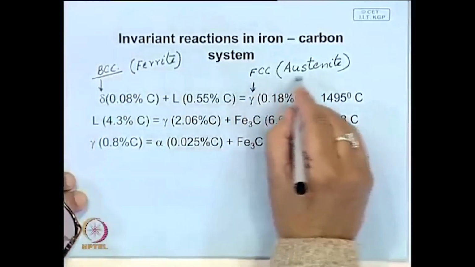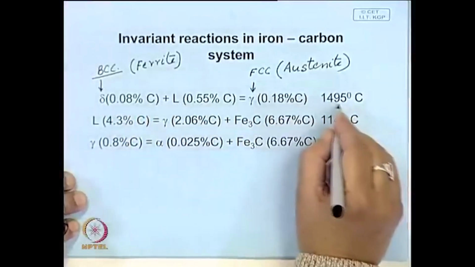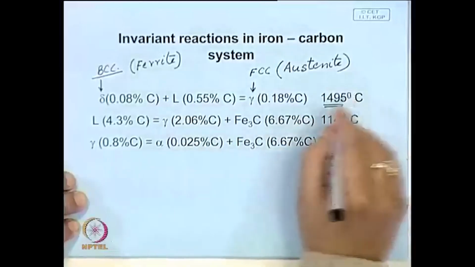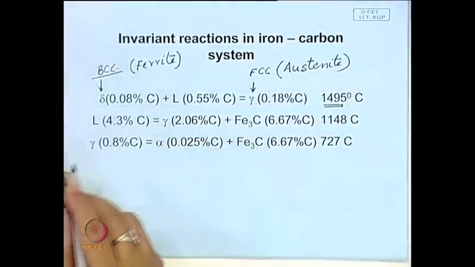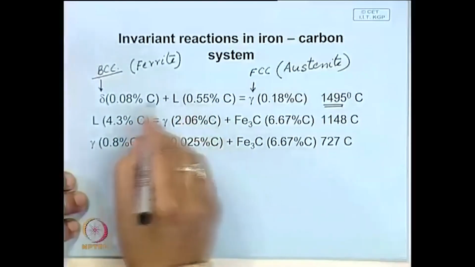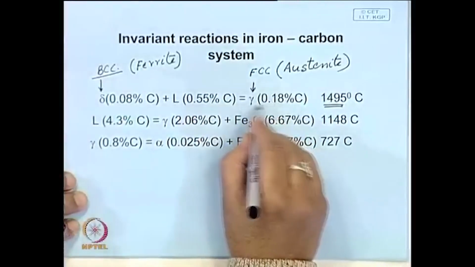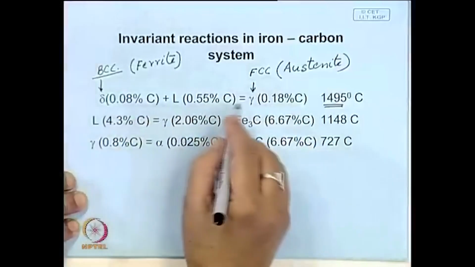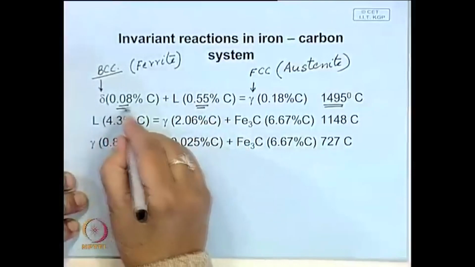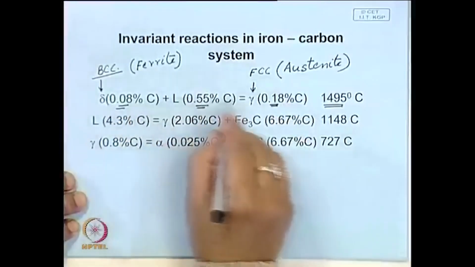So, this is austenite, and this 3 phase reaction takes place at 1495 degree centigrade, and this reaction, if you recollect your lecture, here this liquid reacts with solid, giving another solid, and mark here that carbon contents are fixed, because this is a 3 phase equilibrium. So, they will have definite composition.